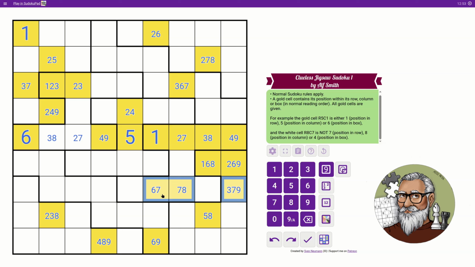Right. So where else should I look next? Where do I have some idea of what I can pencil mark? These two? I don't know. This one can't be 2. It's not 1 or 6.